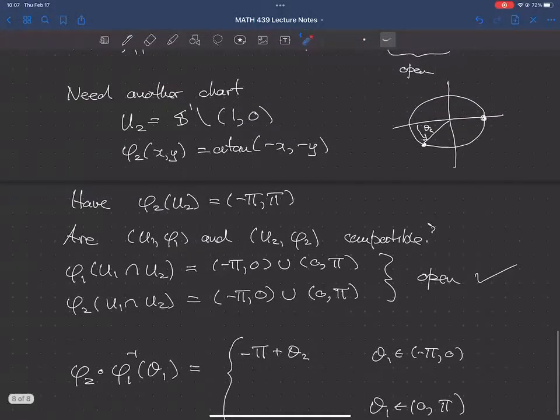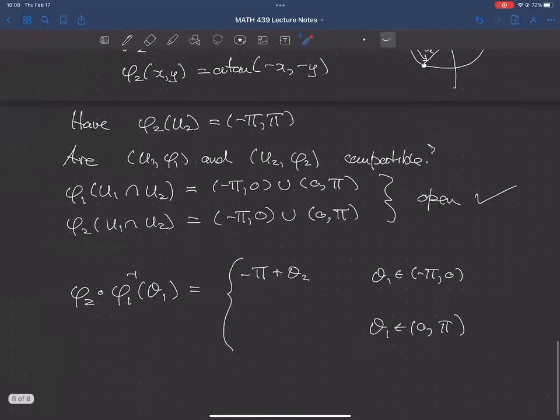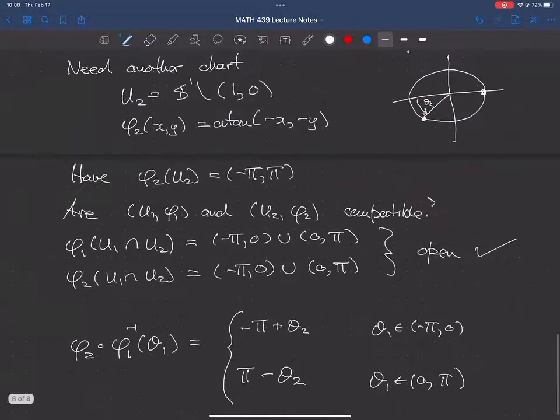And then the other situation is when theta 2 is in this hemisphere. Theta 2 here is negative, theta 1 is positive, and so this should be pi minus theta 2, right? So when theta 1 is pi, theta 2 is 0, which is correct.